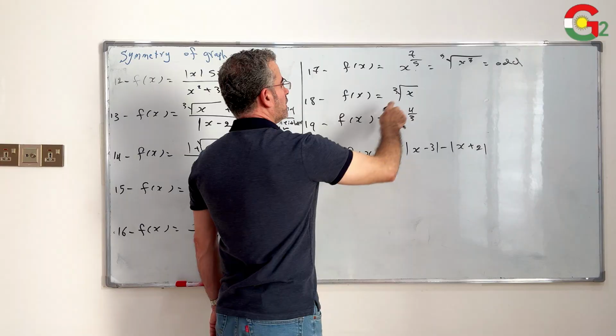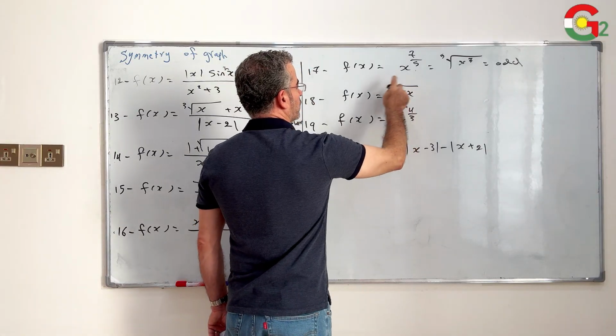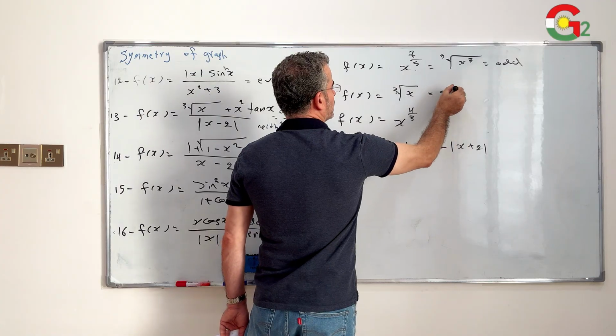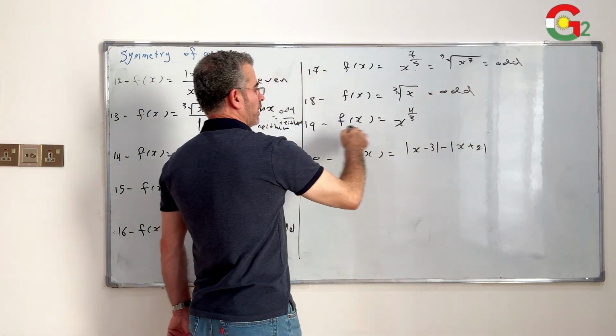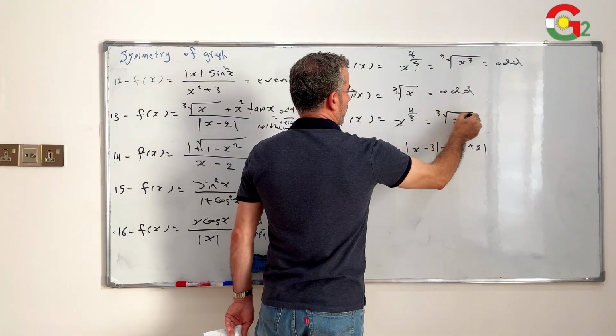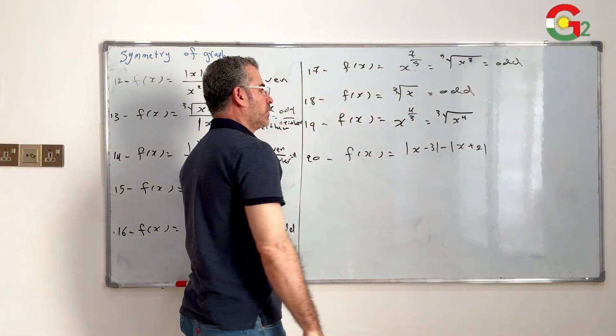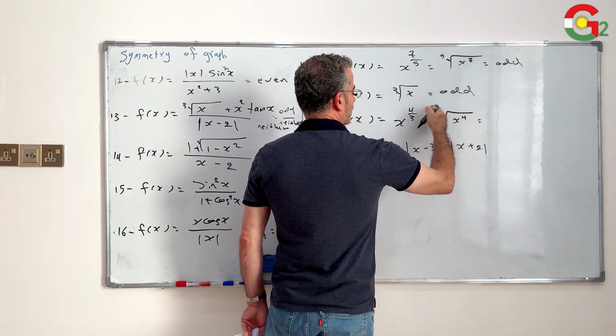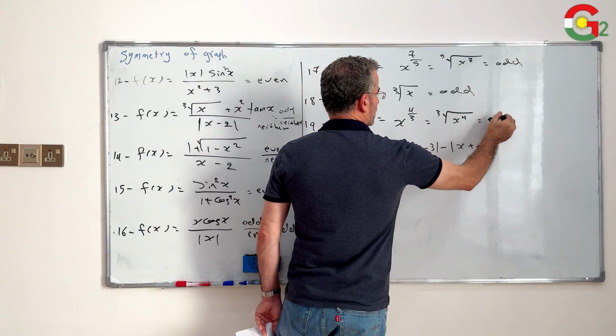Number 18: also odd to the cube root, it is odd. Number 19: rewrite this as x power 4 to the cube root of x power 4, even to the x power 4, it is even.